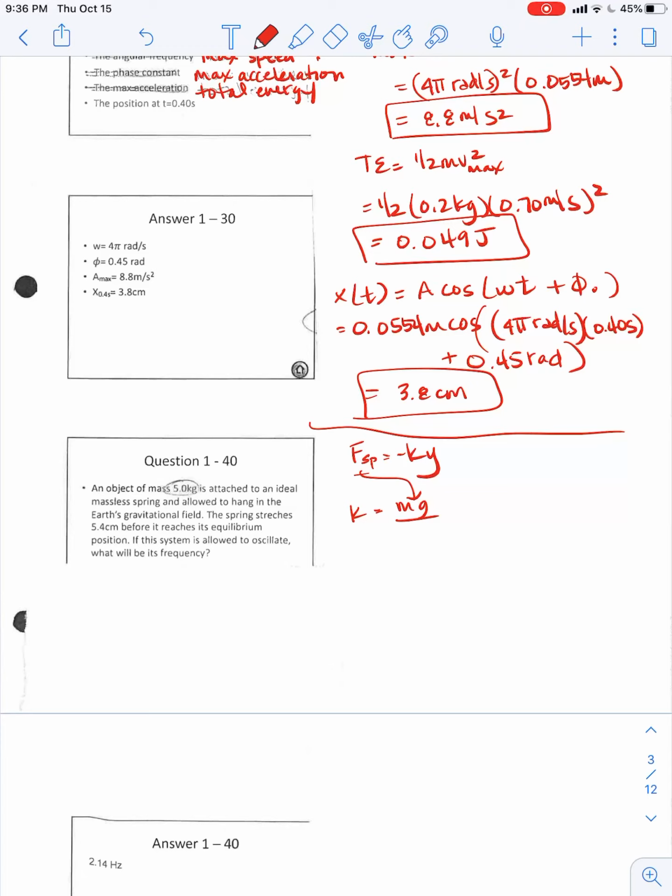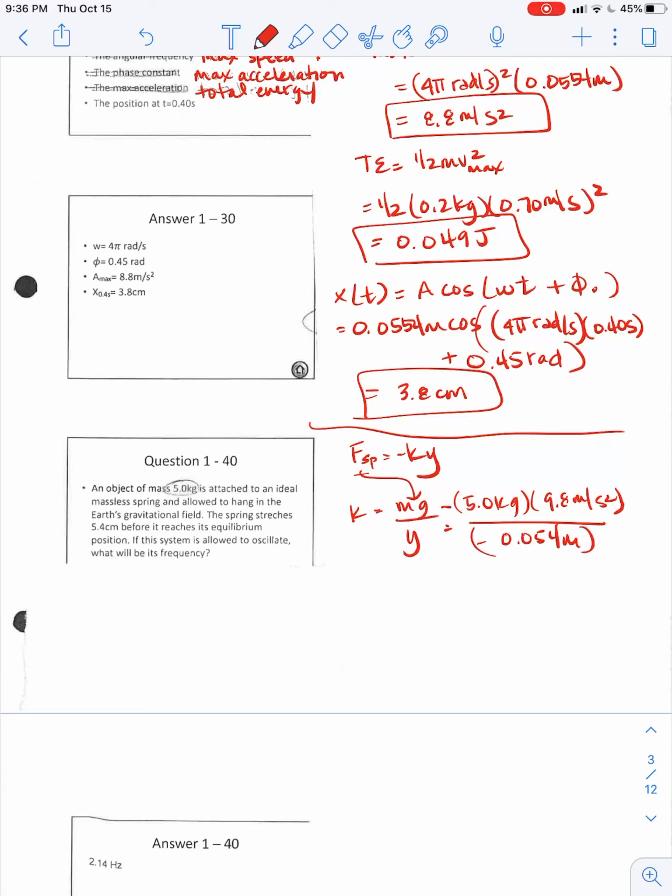So that's going to be like a negative, and so let's see, you end up with 5 kilograms times gravity divided by that negative 0.054, which when you move the negative back over from the k, then that ends up being a positive.